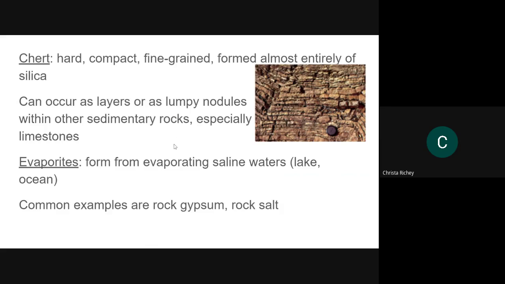The evaporites, this is how rock salt, halite, limestone form. There's a bunch of them. I'm not going to have you learn 200 types of sedimentary rocks. Gypsum is another type. It said rock salt.